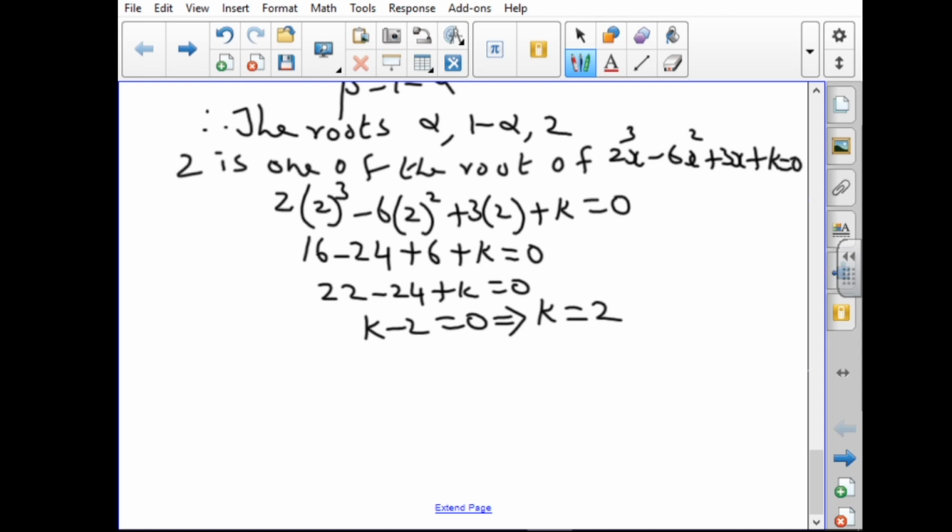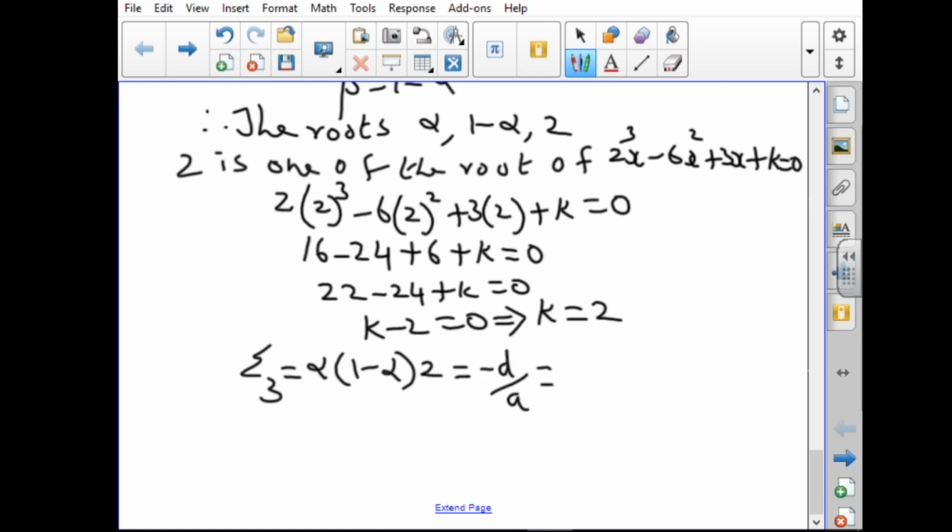Now we have to find the other roots. So what about the product of the roots? Alpha into 1 minus alpha into 2, so 2 is the third root. Alpha into 1 minus alpha into 2 is equal to minus d by a.